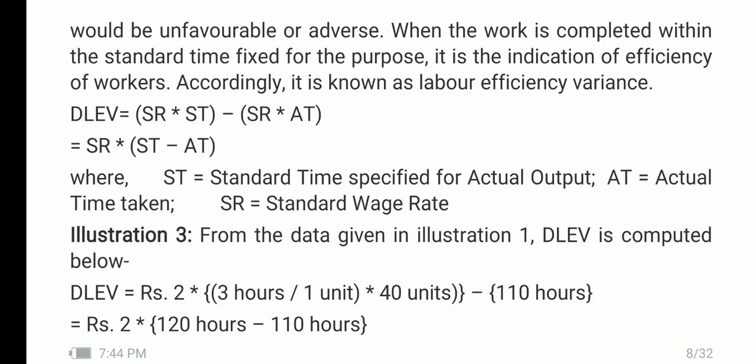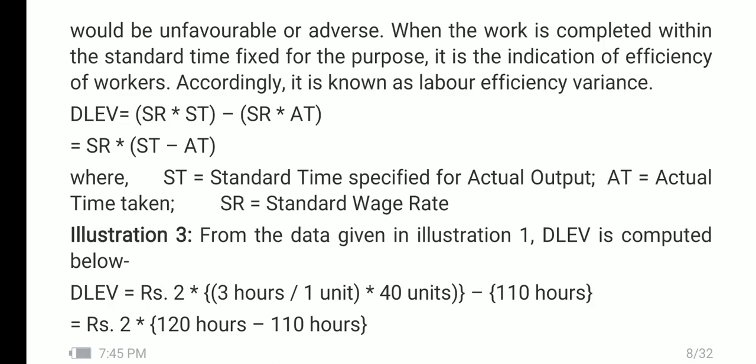For example, if the time specified to do a work is 2 hours, and a worker completes the work within 2 hours, that is, actual time taken is less than the standard time, then he is said to be an efficient worker. Any variation due to this efficiency is called labor efficiency variance.